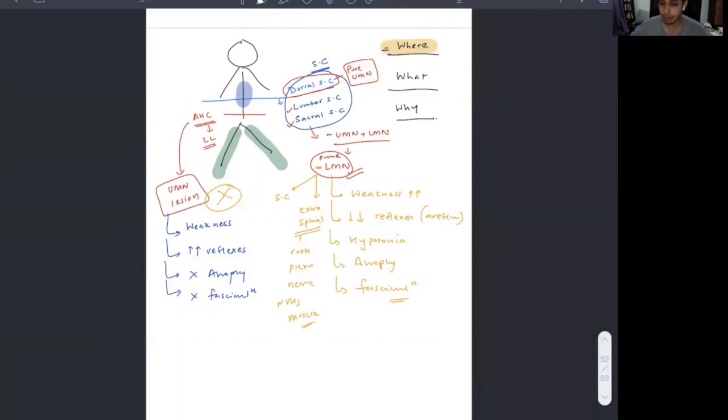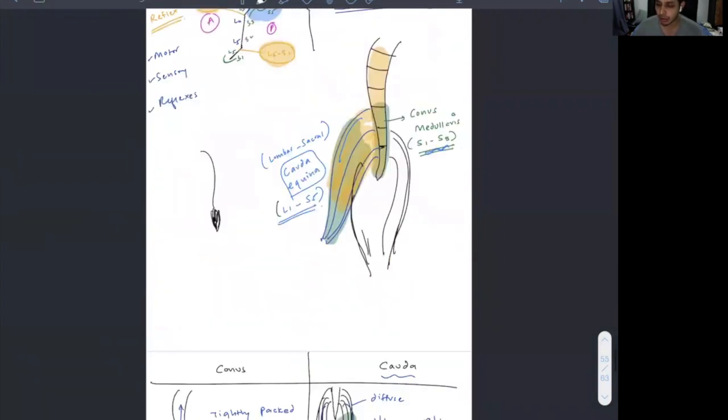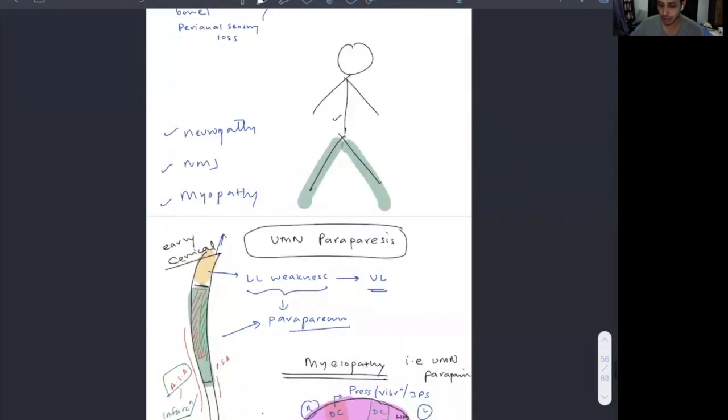An upper motor neuron lesion would be a dorsal myelopathy, and a lower motor neuron lesion could be a lumbosacral myelopathy or a root lesion. And there we discussed that it could be a conus medullaris lesion or a cauda equina lesion. If we come further down, it could be a neuropathy or a myopathy or a neuromuscular junction.